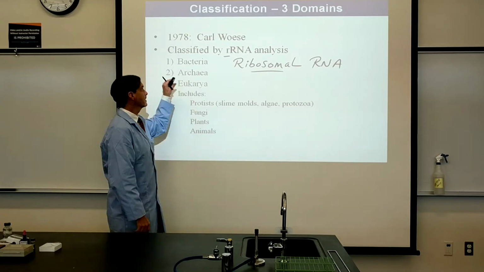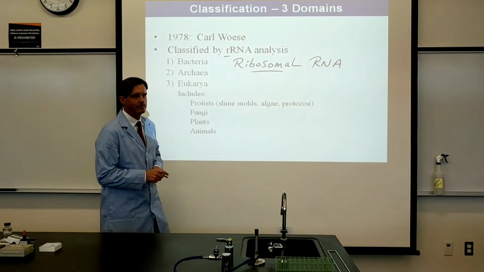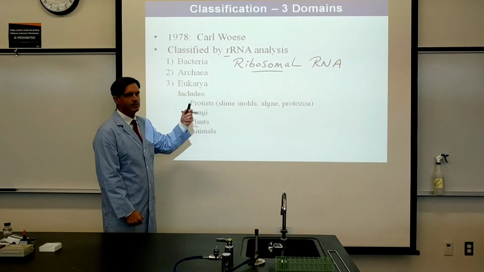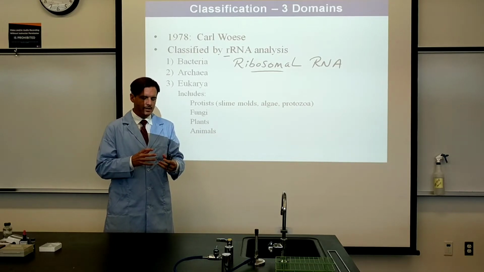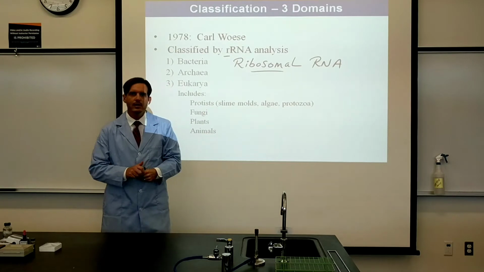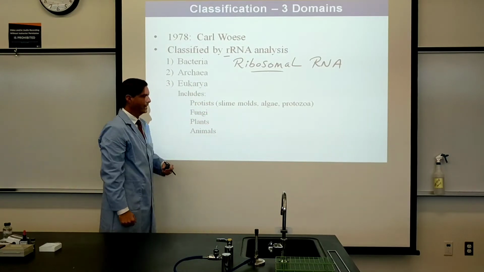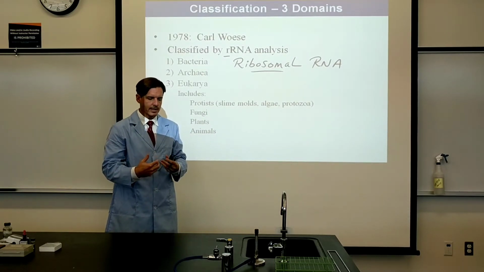So they got their own domain as well. And then finally, the 3rd domain are the eukarya. And eukarya are all of the nucleated cells, right? They have a nucleus and they house their DNA there, but when we look at their ribosomal RNA, we can see, like Woese did, that they all have very similar protein-producing genetic elements.